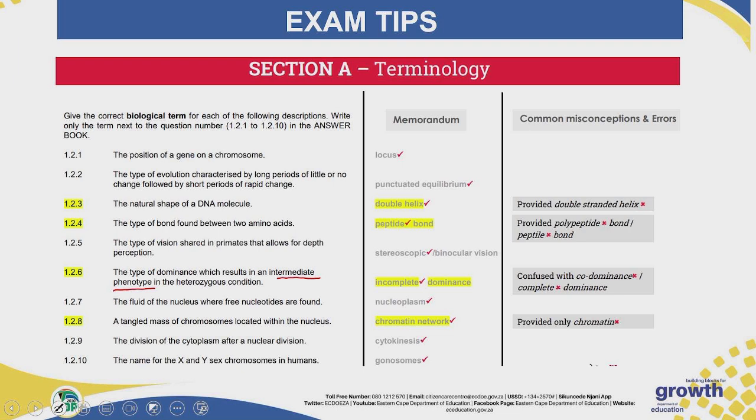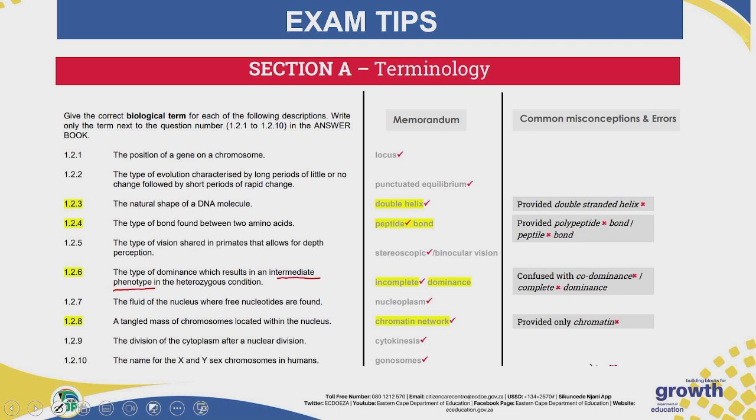As we said earlier, do not confuse this with co-dominance, where both phenotypes are expressed in the organism, or with complete dominance. Complete dominance is where one allele is dominant over the other, and the recessive allele will be masked by the dominant allele.